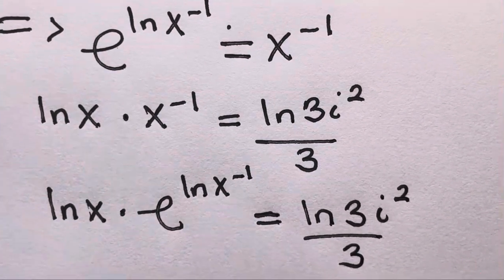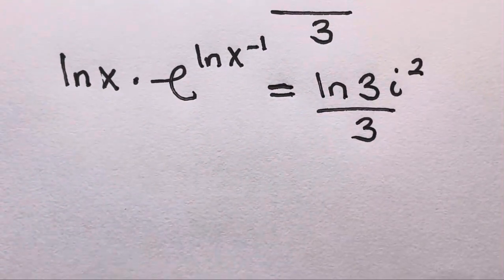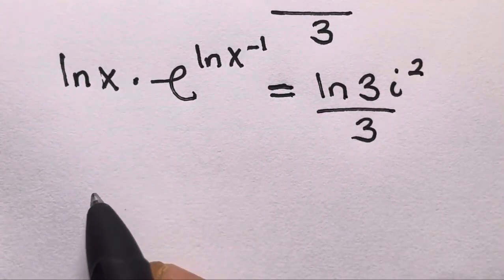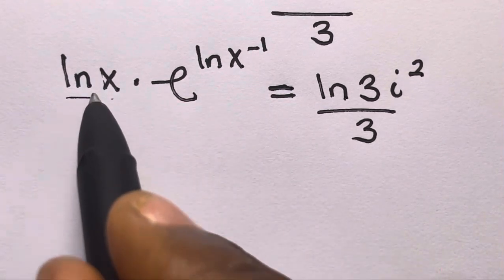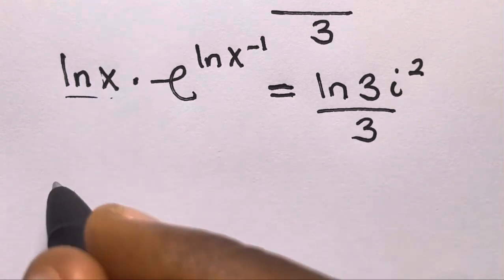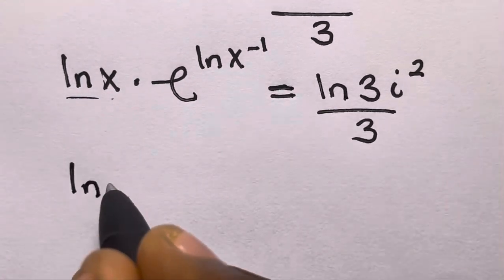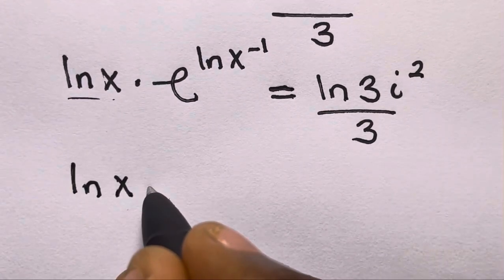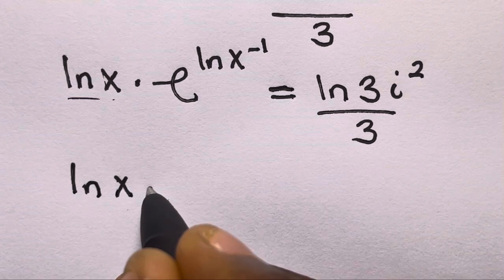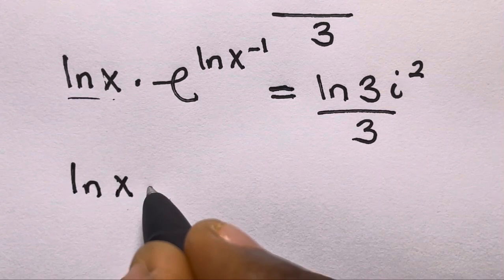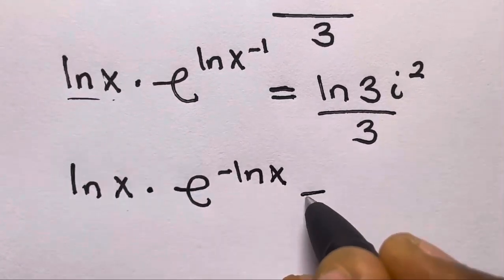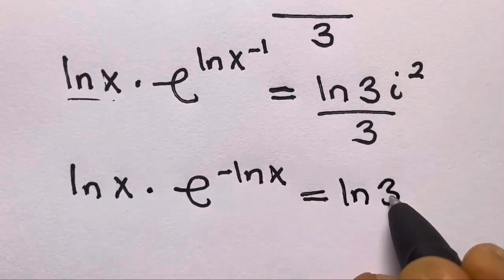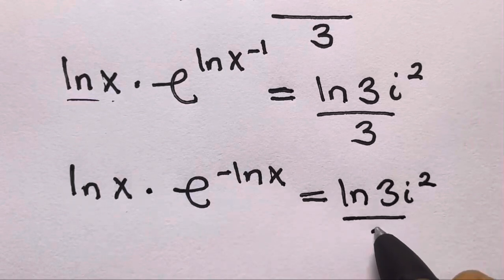All right, so from here we are going to apply the Lambert function, but before we do, we have to do something. So make sure that the base and the power here are the same. So this will become ln x, right, multiplied by exponential minus ln x equals ln 3i squared divided by 3.